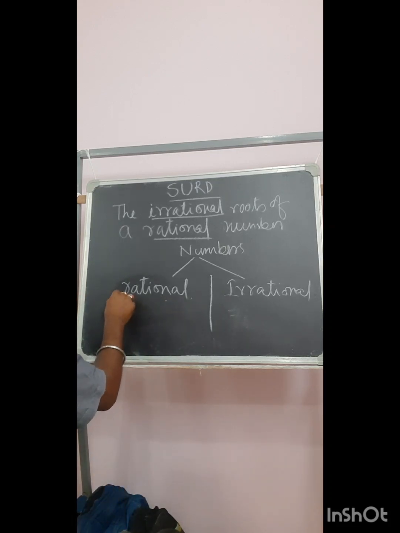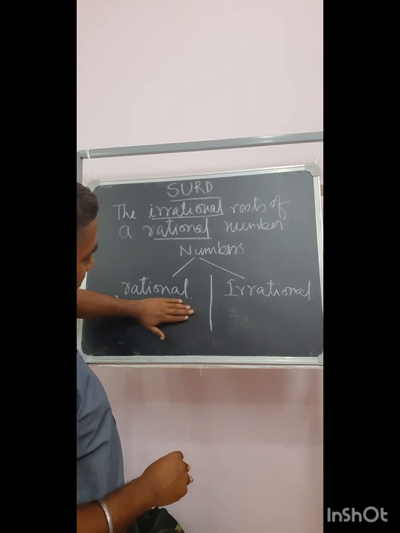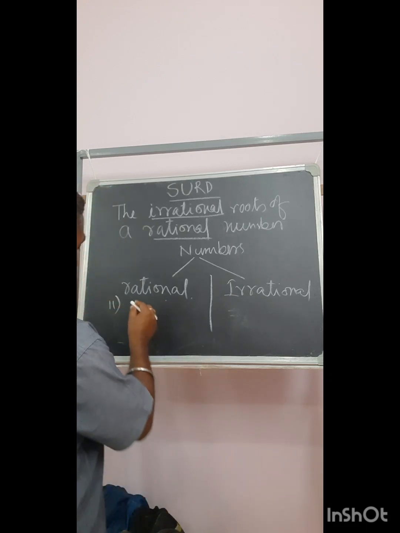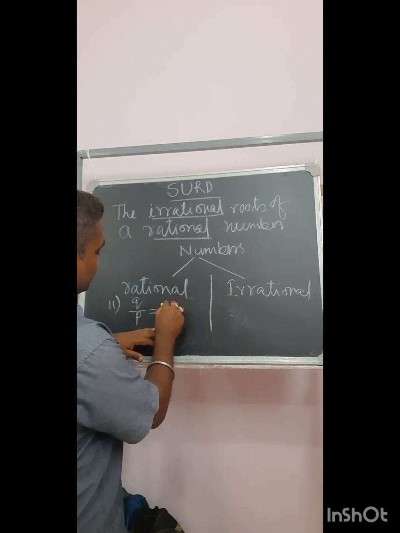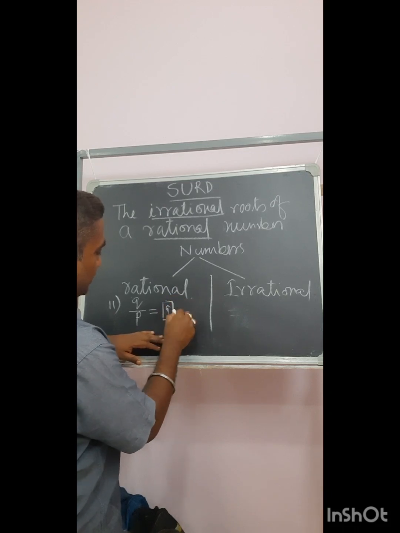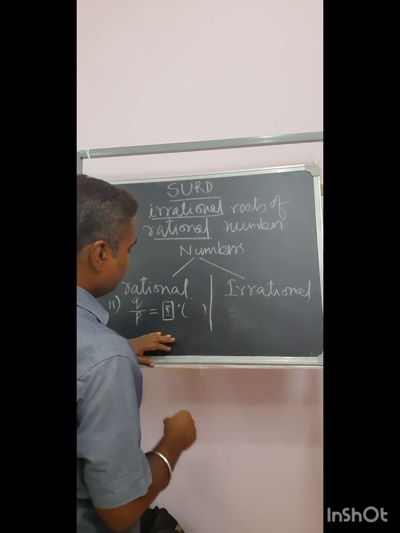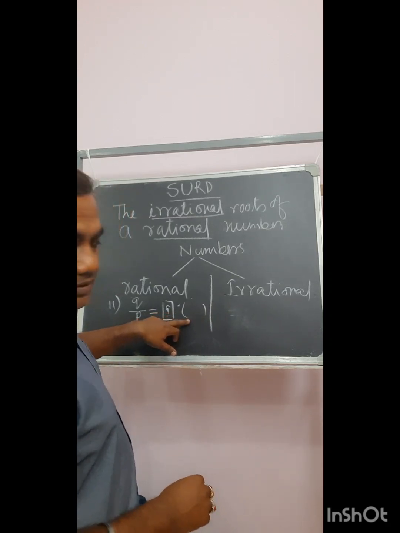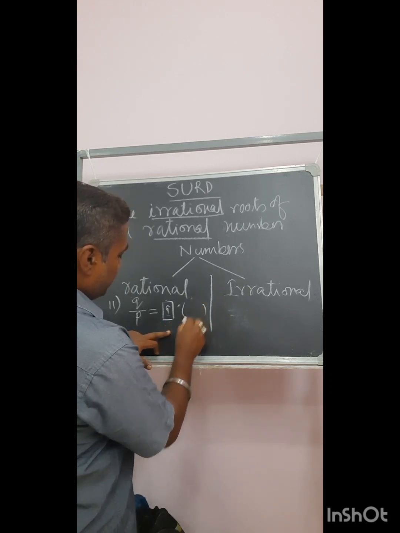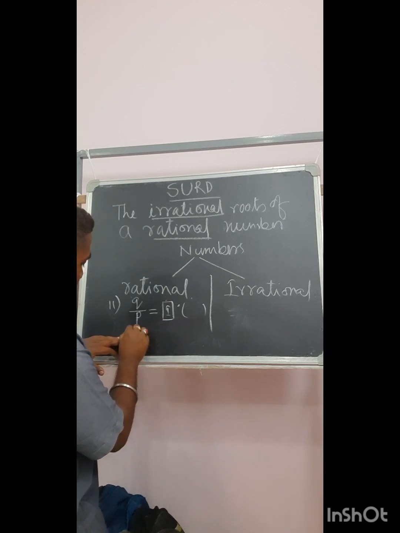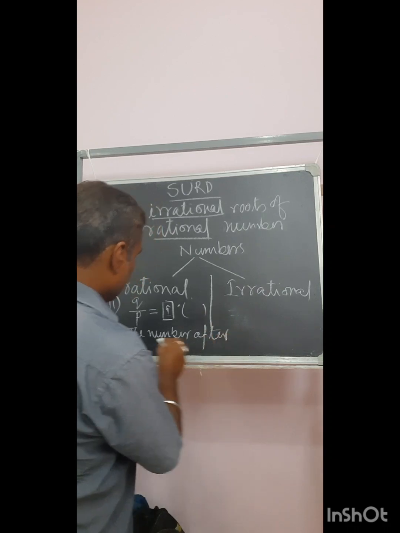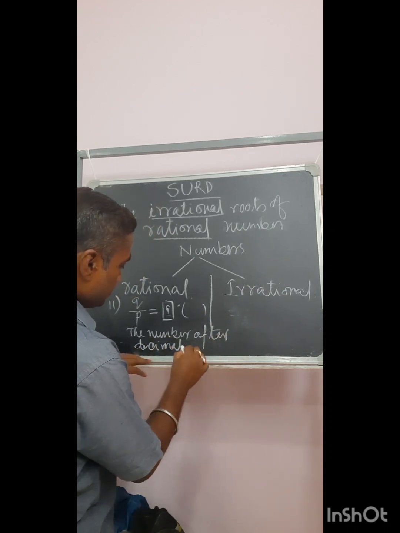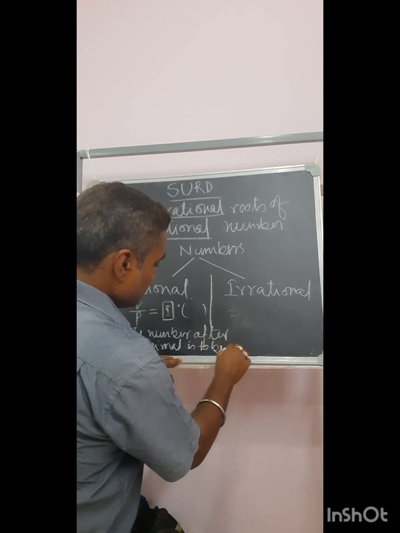The second thing is that even if it is represented as a ratio of two integers, let's say p by q, the value I get would be a decimal, some number of decimals, and the characteristic of this number would be that the digits after the decimal are to be recurring.